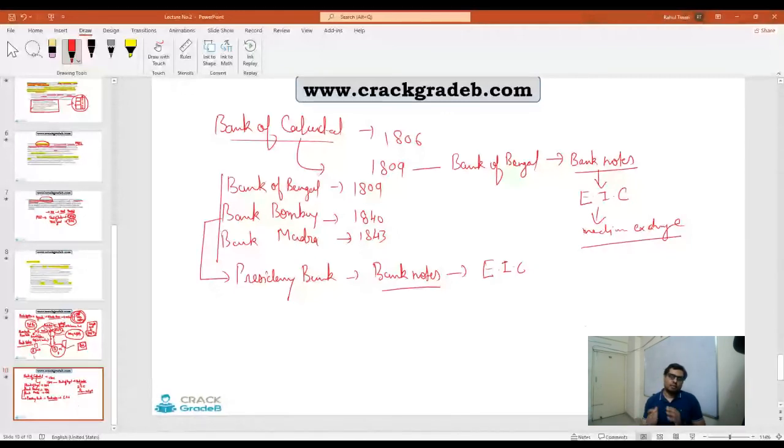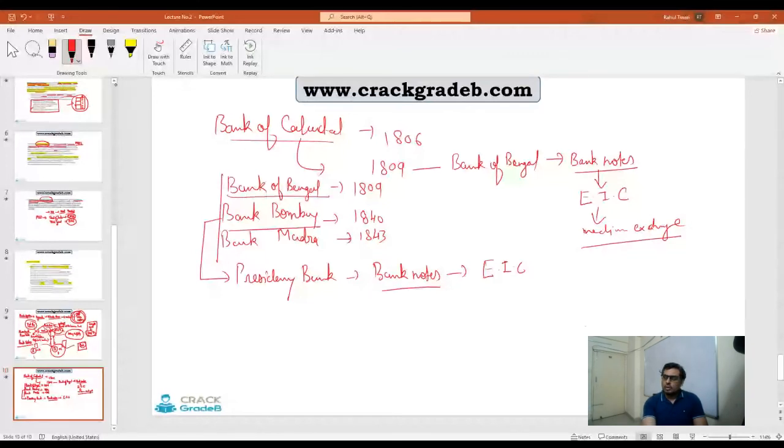and the government took the Indian territory and we came under the rule of government. So the government found that we need to have a uniform way, because these banknotes are issued by whom? Bengal, Bombay, and Madras.